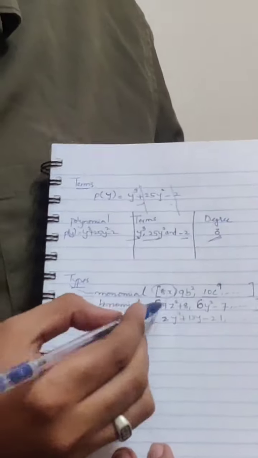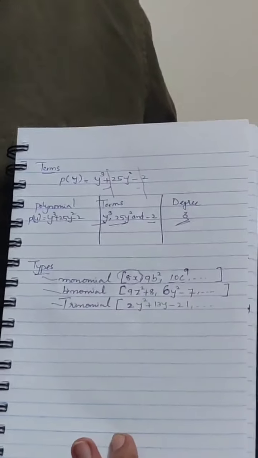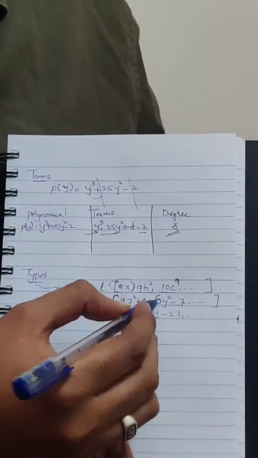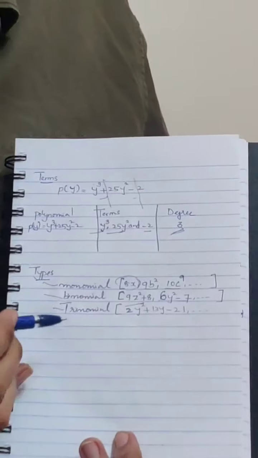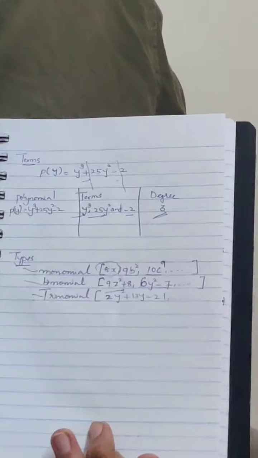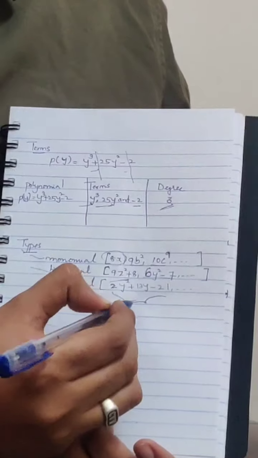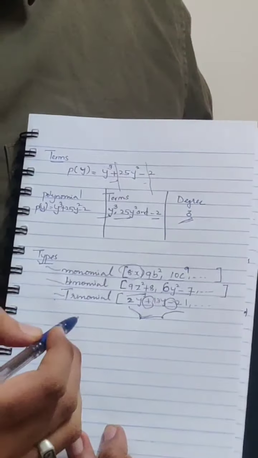Next, binomial, when you have 2 terms, separated by a mathematical operator, by addition or subtraction. So 9z square plus 8 and 6y square minus 7. The last type is trinomial, where you have 3 terms. Here you can see there are 3 terms divided by mathematical operators.